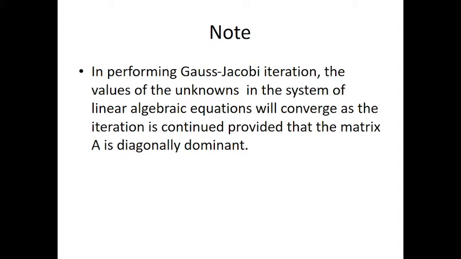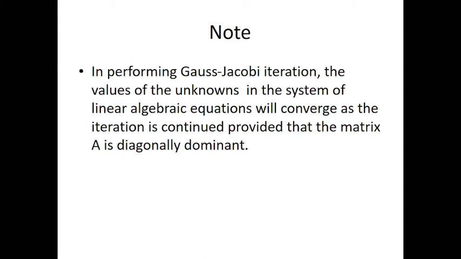So later, I will show you paano yun, yung paano nagko-converge, provided that the matrix A is diagonally dominant. Kapag yung matrix A natin ay diagonally dominant, magko-converge siya automatic.